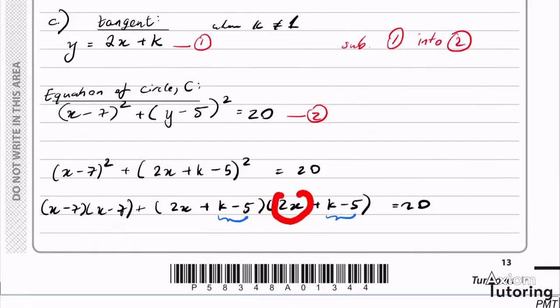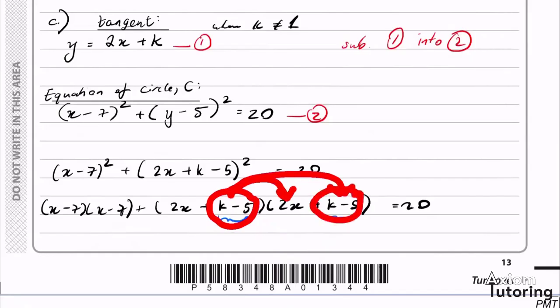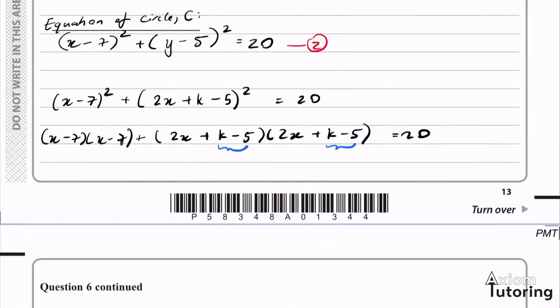So for this set of brackets, you take the 2x and multiply it by 2x there, and then take 2x again and multiply it by k minus 5. And then you take the whole term k minus 5, multiply it by 2x, and then multiply k minus 5 by k minus 5. So let's try that.